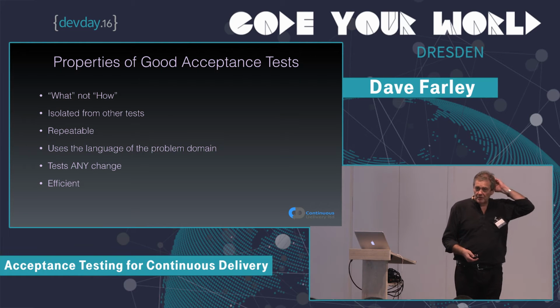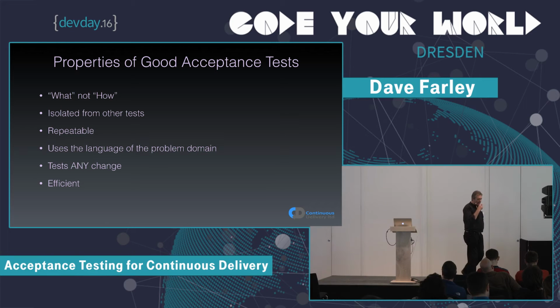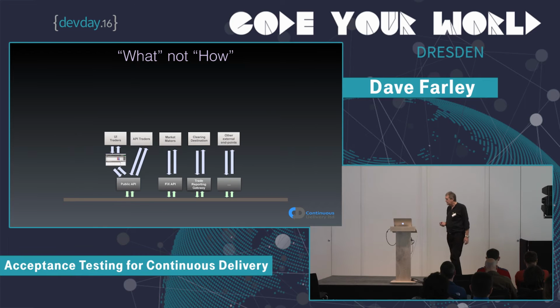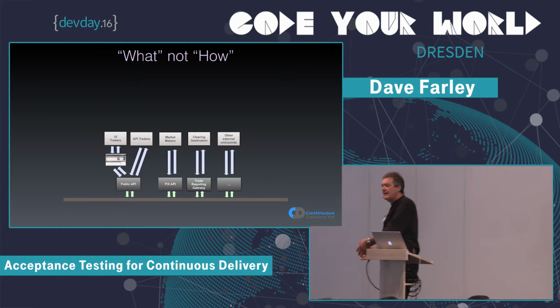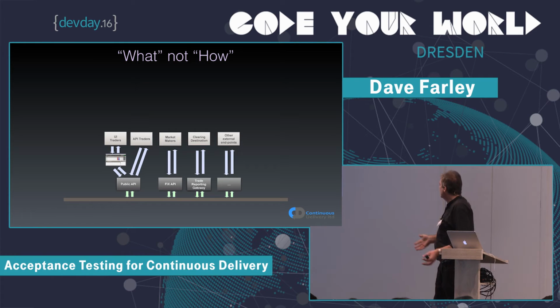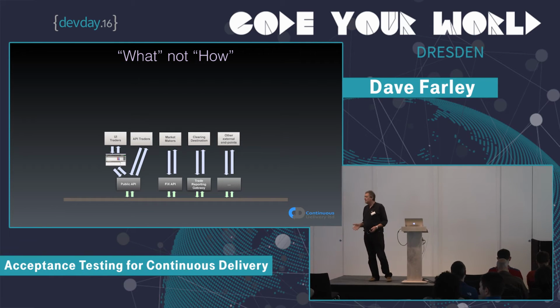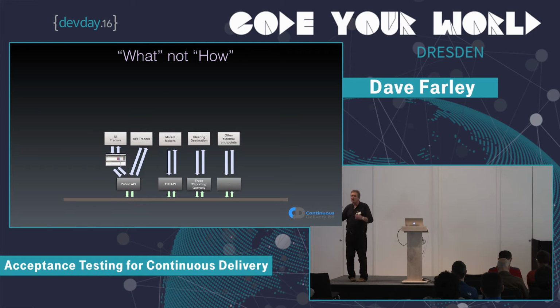So let's walk through these properties one at a time and think a little about what each may mean. Here's a representation of a system. The actual details of what these things represent don't matter very much, but this is from the LMAX trading system that I talked about. What it's trying to demonstrate is that the boxes at the top are communities of users, the areas or roles that users play.